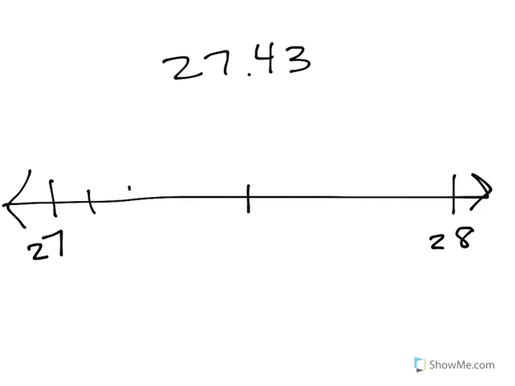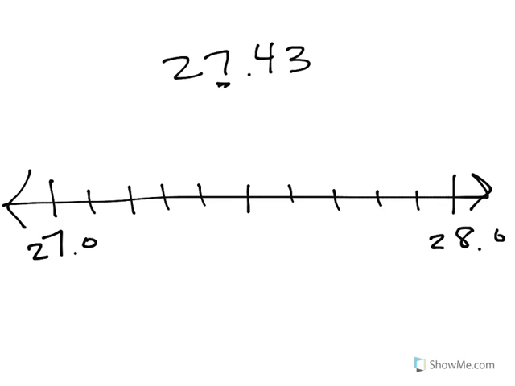So let's put our 4 tick marks in the middle, because it's going to give us a total of 10. So this is the same as 27.0 and 28.0, or 0 tenths. We could put another 0 in the hundredths if we wanted to, but we really don't need to.